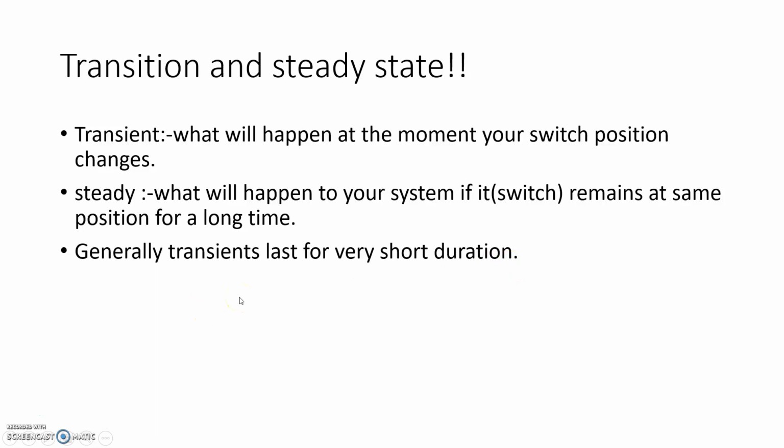Another very beautiful example of the transient and steady state response, which my professor taught me: whenever you go to a floor via a lift, you press the button of the floor where you want to go from the ground floor. Now see, the lift goes on, and suppose you pressed the third floor button, so you want to go to the third floor, and the lift will stop at the third floor.